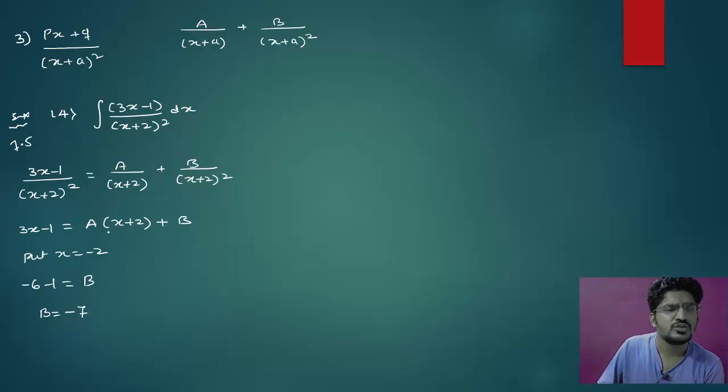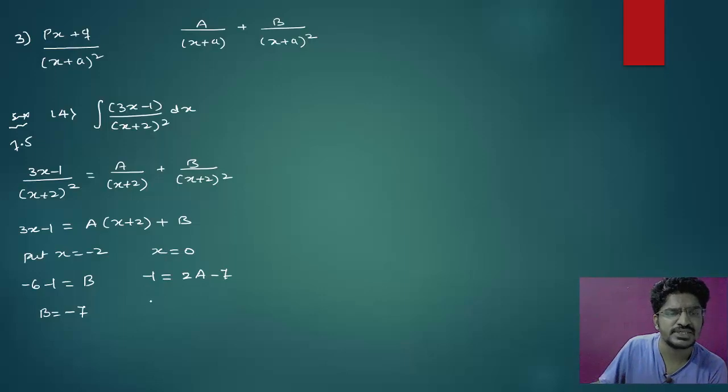To find A, you can take x value as 0, no problem. So that will be −1 equal to 2A plus B, and you know that B value is −7. So −7, if I take it to this side, it will be +7. −1 + 7 is 6, 6 by 2 equal to A. So A will be equal to 3.